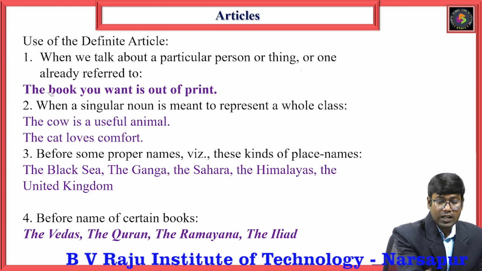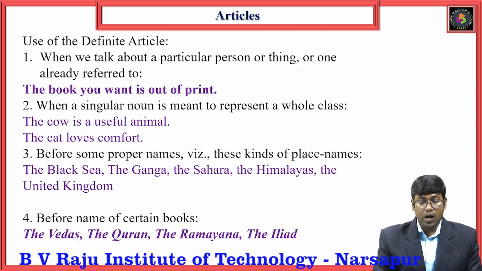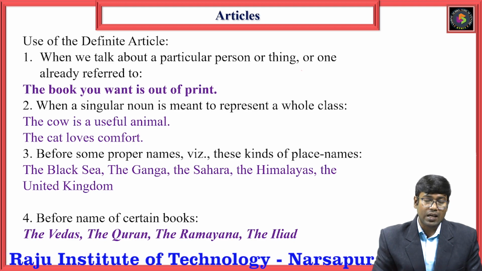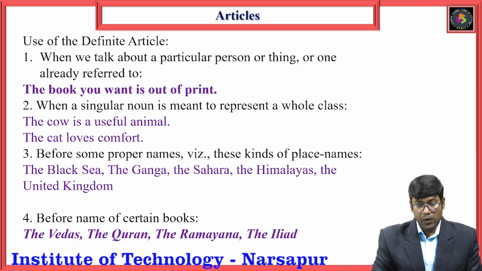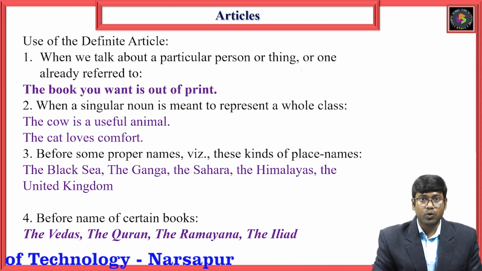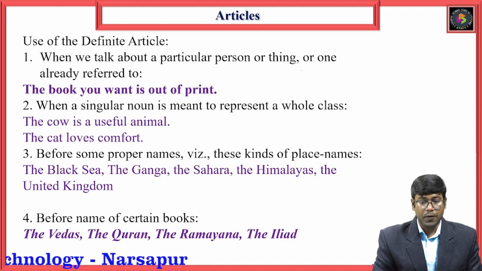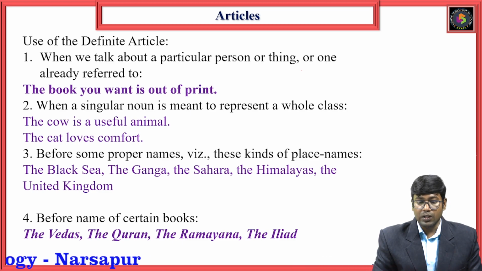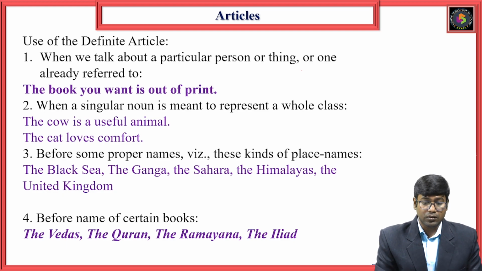The next use is the when a singular noun is meant to represent the whole class. Now, this is another part of the noun. Nouns we can categorically divide into proper noun, common noun, collective noun, material noun, abstract noun, and also singular and plural, countable and uncountable nouns.